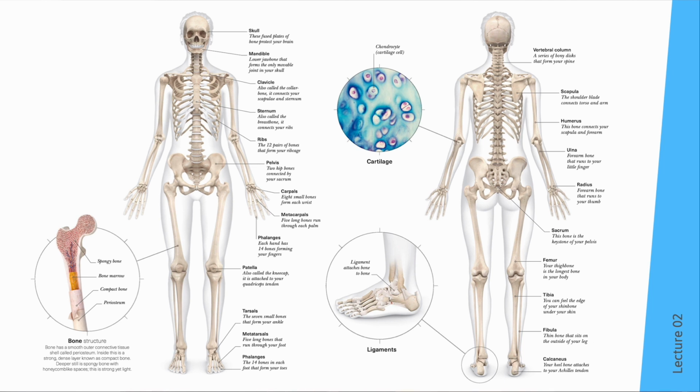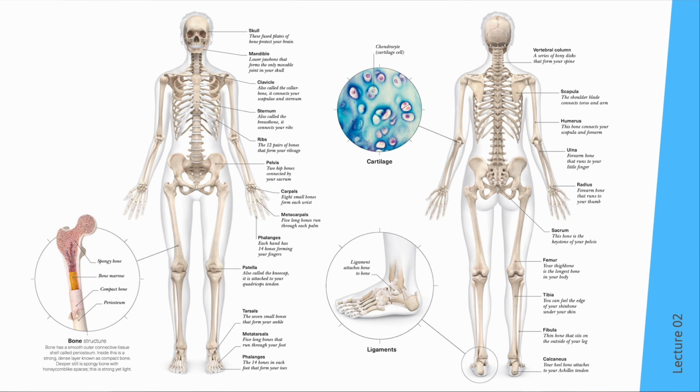And that's the same at the hands. It's called carpals, metacarpals, and phalanges. So the fingers are the phalanges. Metacarpals are the parts that connect to the wrist. And then the carpals, that is the wrist bones, and they are called tarsals at the foot.